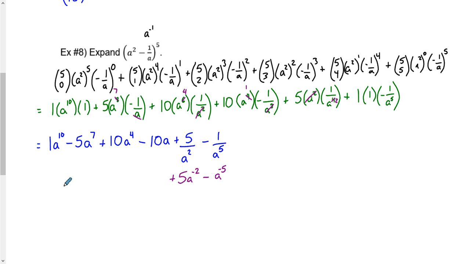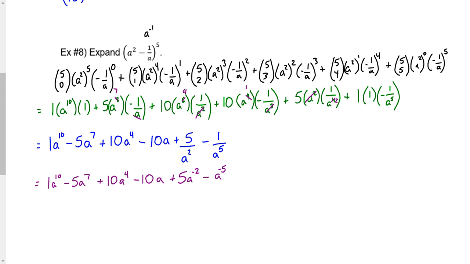So everything else would stay the exact same. 1a to the power of 10, subtracting 5a to the power of 7, adding 10a to the power of 4, subtracting 10a. But then we'd have negative exponents. I don't care which way you write it, because to me, they're both the same. If you're going to calculus, this is going to be your better method. Otherwise, this is perfectly fine with me.